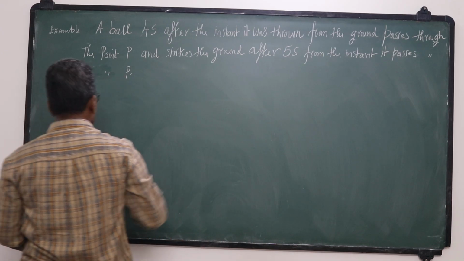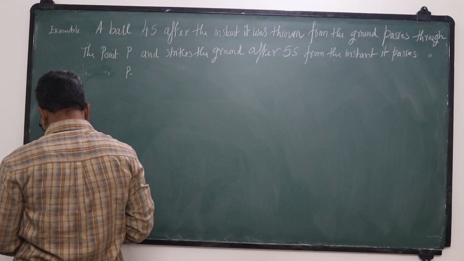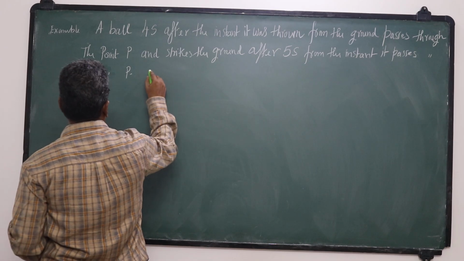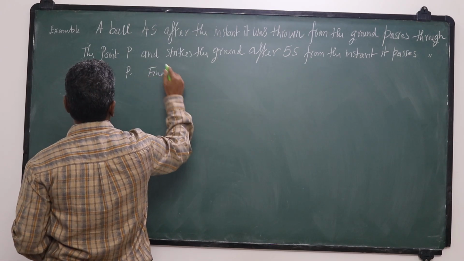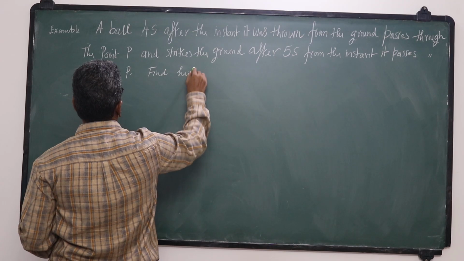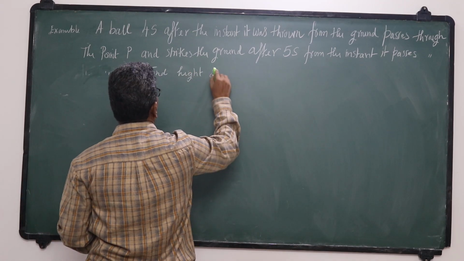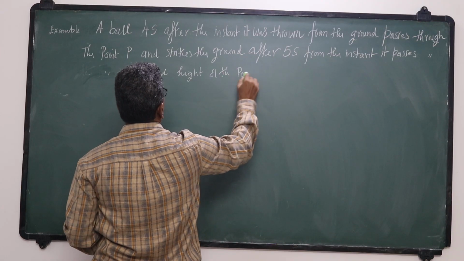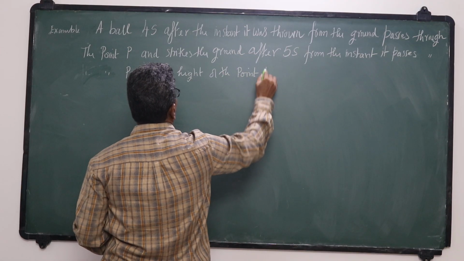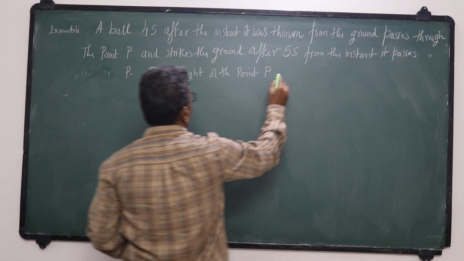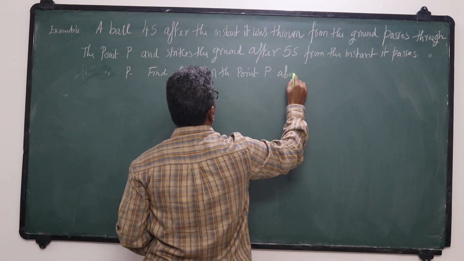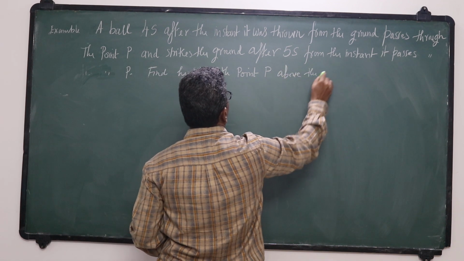Assuming acceleration due to gravity g is 9.8, find the height of the point P above the ground.